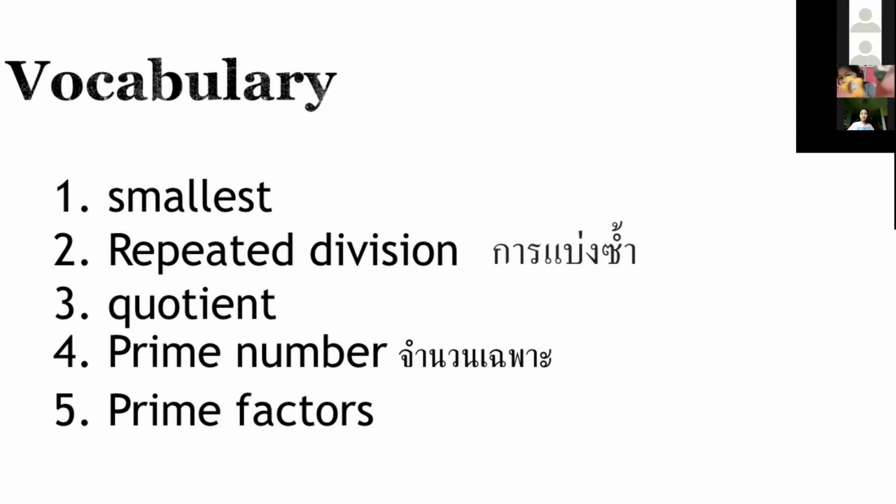Next will be Tong Kao. Smallest, repeated division, quotient, prime number, prime factor. Very good, Tong Kao. Thank you. Next will be Tengku.